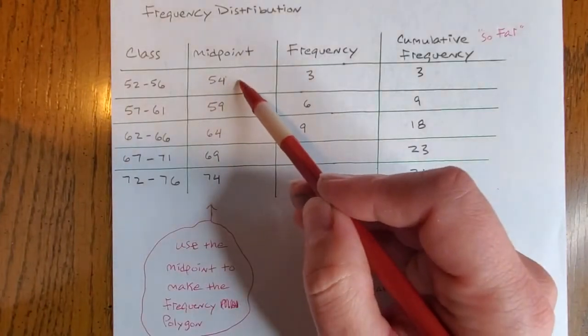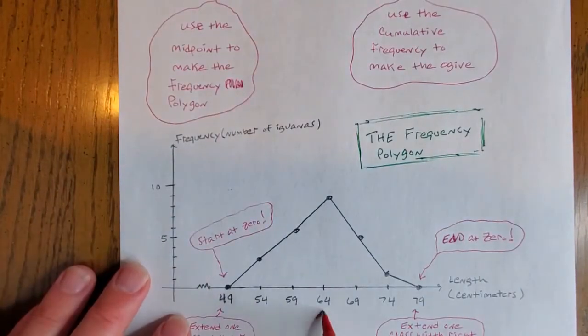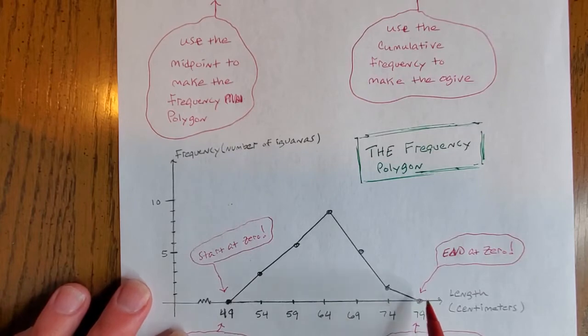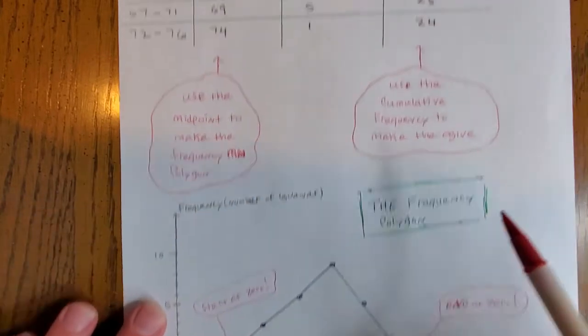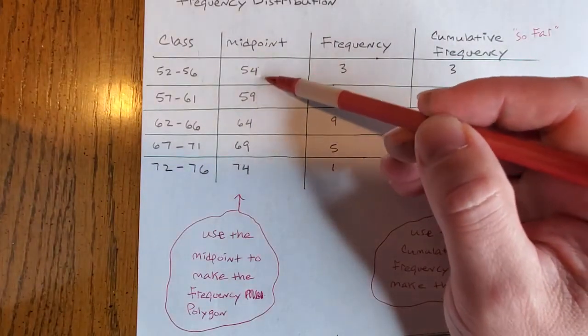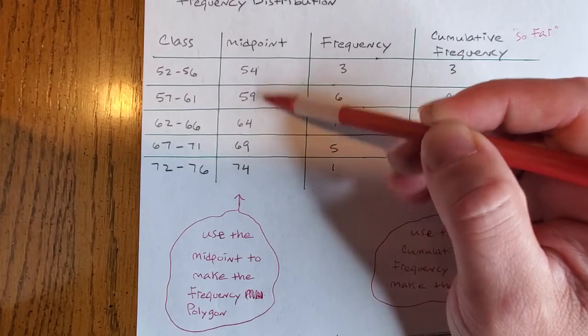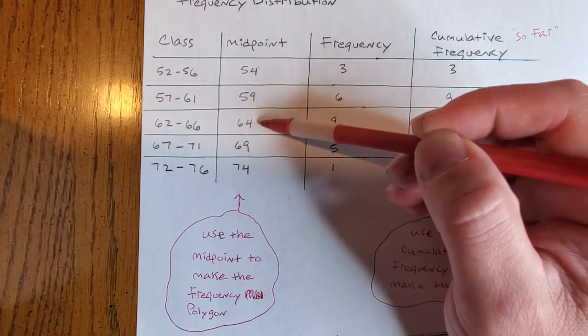Look at this, 54, 59, 64, 69, 74. Those are all on here, but I go 1 class width to the right and 1 class width to the left. So in other words, you might see a pattern here that all of these midpoints are separated by 5, right? 54 plus 5 is 59, plus 5 is 64.